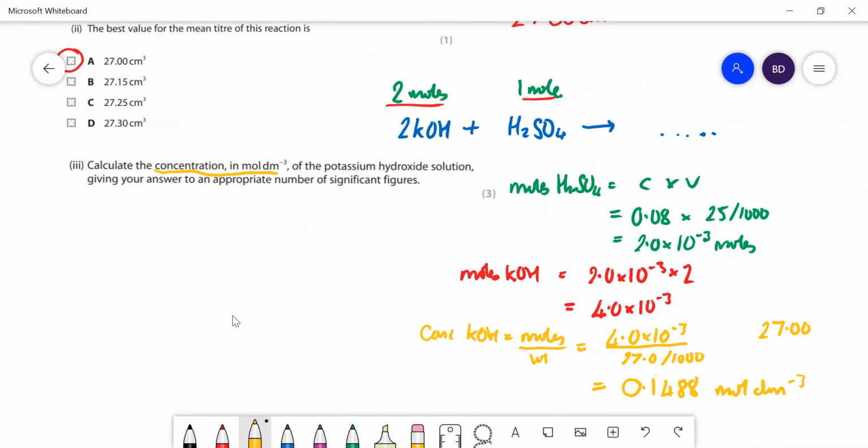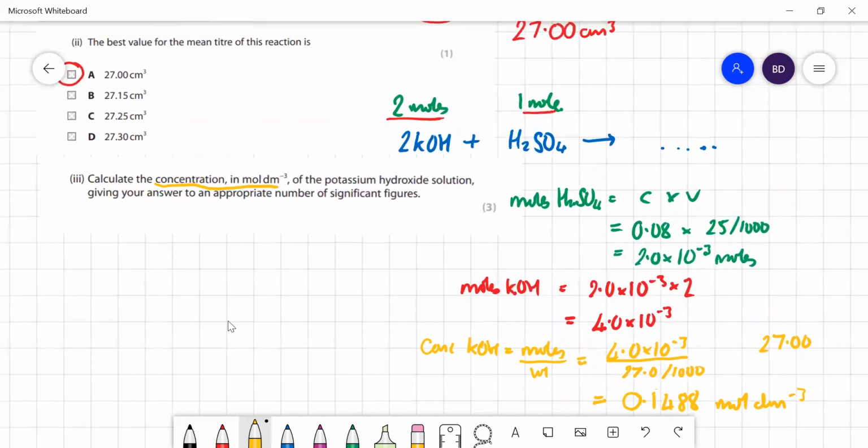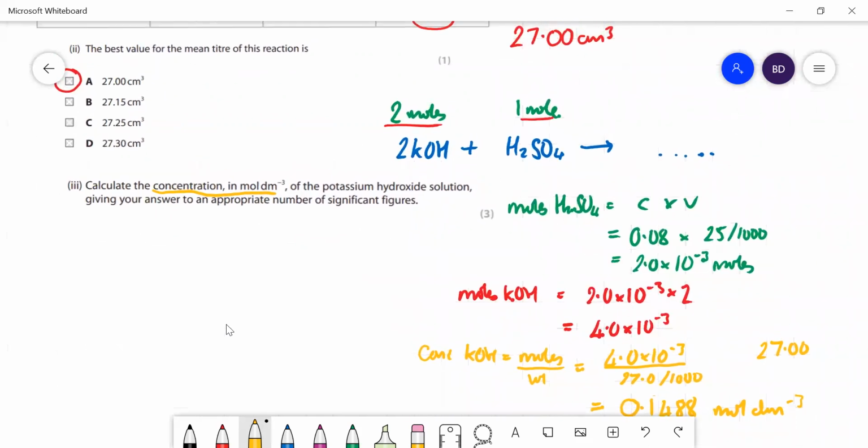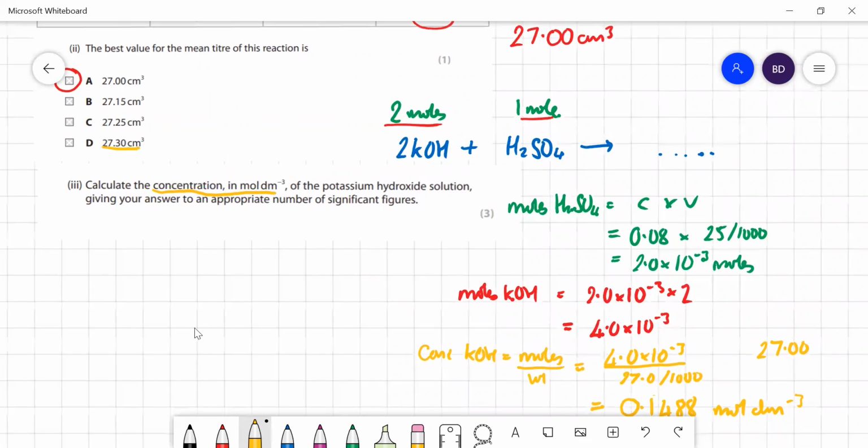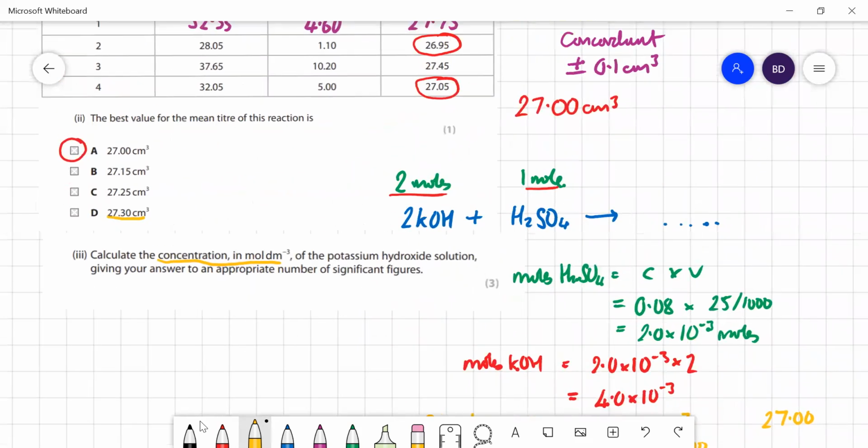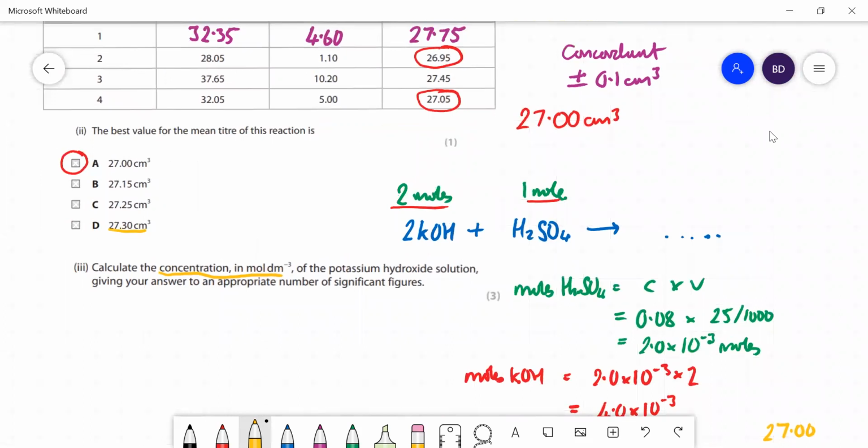But we need to give that to an appropriate number of significant figures. Now, if you look at the data, apart from the titers, which are given to 4 significant figures, everything else is given to 3 significant figures. Just look up here, I'll show you.